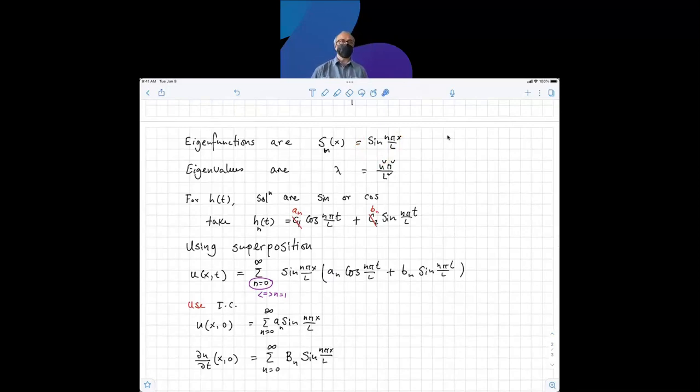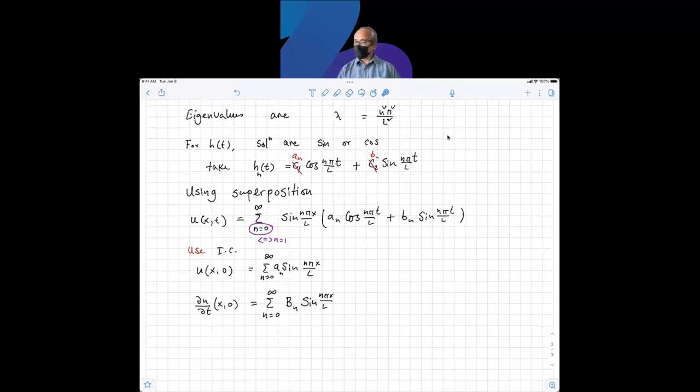You could put a coefficient, but it is not necessary, because when we use the superposition, we need the coefficient here. In the heat equation, we used the coefficient there. Now we merge the coefficient inside. Okay, so basically this equals f of x, and this equals g of x. Now use orthogonality.